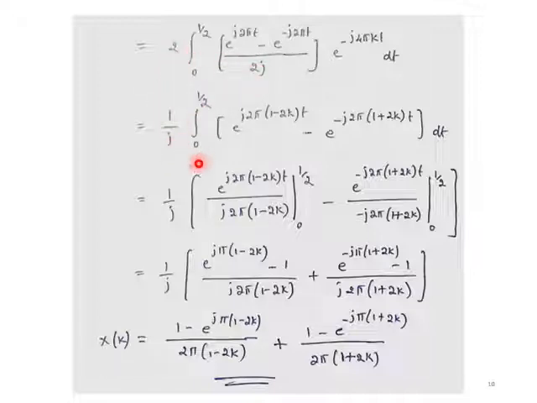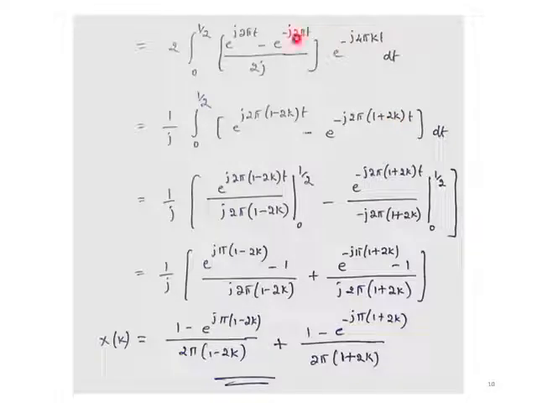1 by j integration 0 to half. So you just multiply these terms and write them together. So e to the power j 2 pi is common for both cases, 1 minus 2k is the term remaining, t is also common. For the second term, also minus as it is, e to the power minus j 2 pi is common along with the t, and remaining inside is 1 plus 2k.